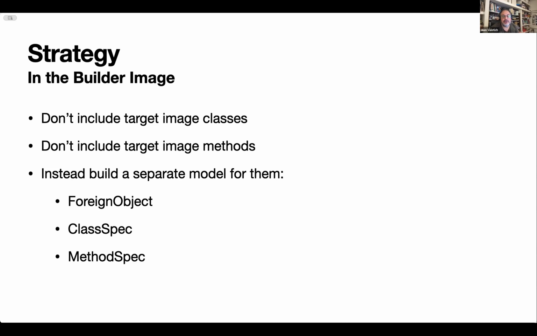For other objects to be included in the new image, instead of, for example, creating a new instance of system dictionary or as many method dictionaries, we create instances of a foreign object hierarchy. This, together with an appropriate image builder class that is specific to one image format, can be serialized to save a new image file. These class specs and method specs are also materialized when loading libraries.